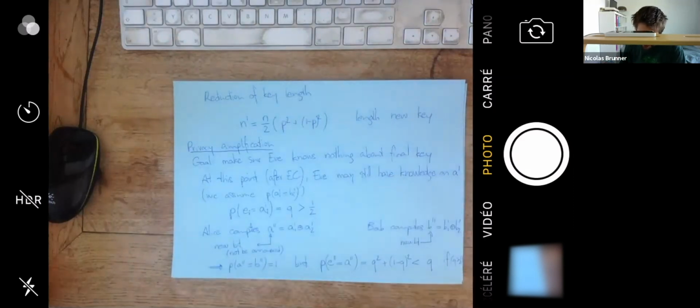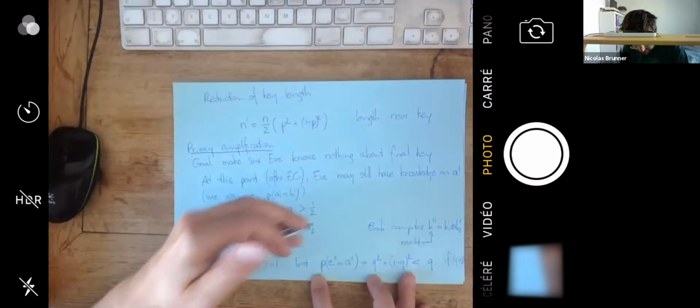And I guess this is in the tutorials this week, but this value here is strictly smaller than Q. And in fact, if you bootstrap this protocol, if you do it many times in a row, the final value here is going to converge to Q equal 1/2. So in the limit, Eve will know nothing about the key. So maybe let's write this.